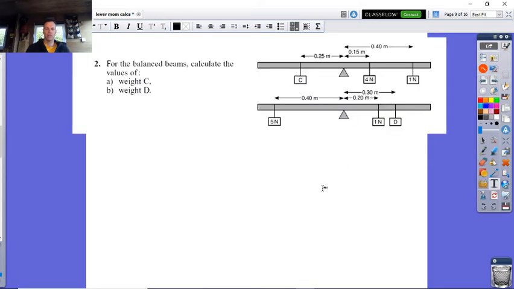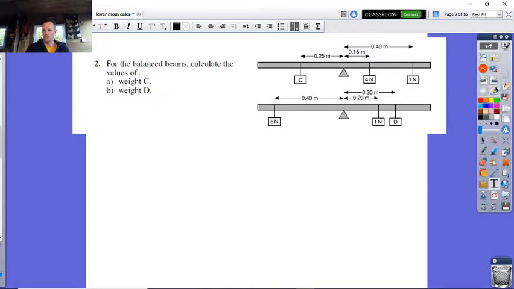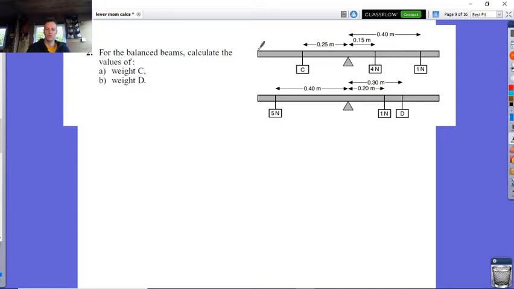And then you're going to find calculations like this. I'm going to quickly look at the first one, calculate weight C, and I'm going to do a bit of writing here. On these ones, what you always do is show the layout to the examiner. What I always do is write anti-clockwise moments equals clockwise moments. I know C is going to turn it anti-clockwise, and these two are going to turn it clockwise around this pivot point.